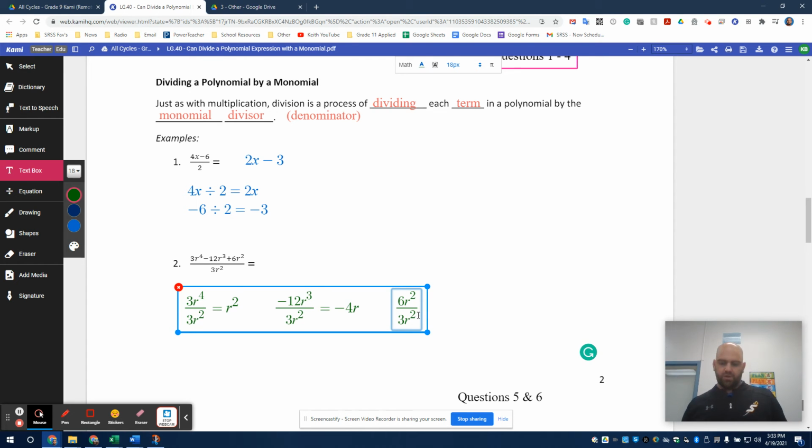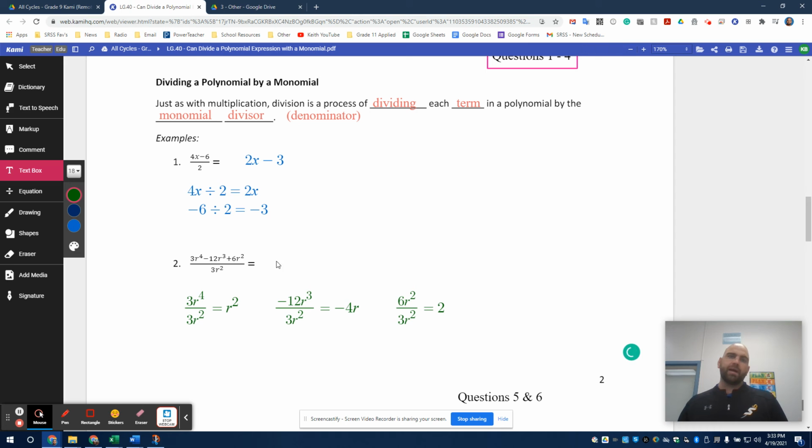We're using the same divisor for every single piece. 6 divided by 3 is 2. R squared divided by r squared, 2 minus 2 is 0. R to the power of 0 is 1. So it's just 2 times 1, so it's just 2. So that actually cancels out. When we're dividing the same variable and same exponent, it's going to just cancel out, so we're just going to be left with 2.